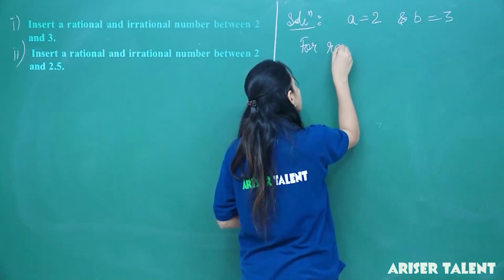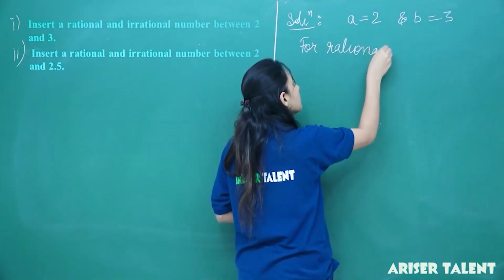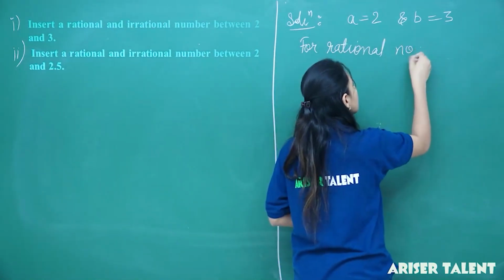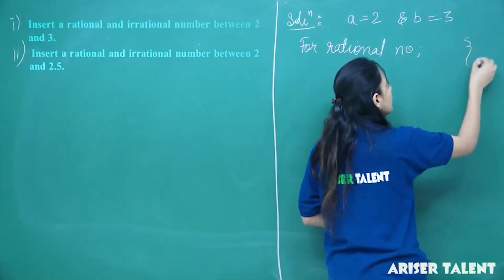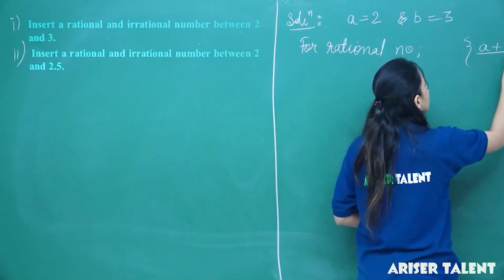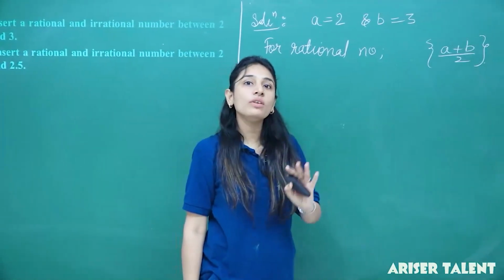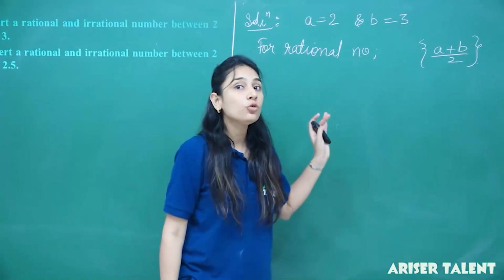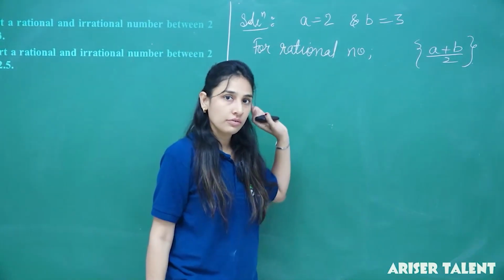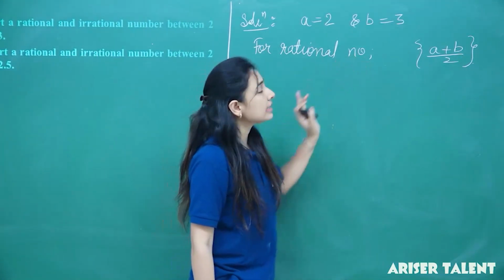The formula is (a plus b) by 2, because the average of two numbers always lies between the two numbers, right? We know this very well.